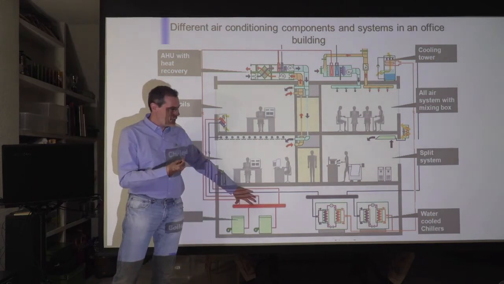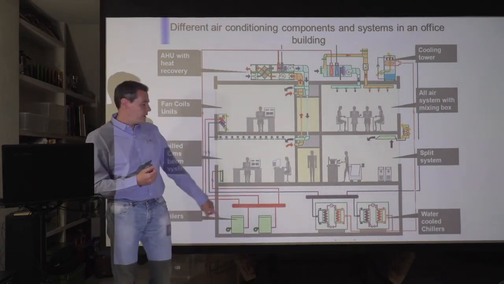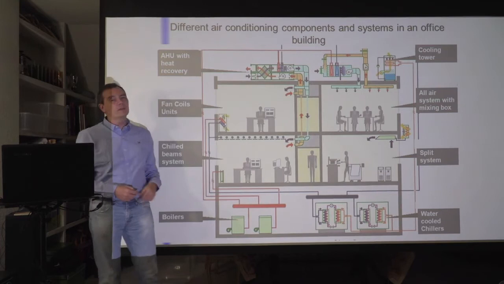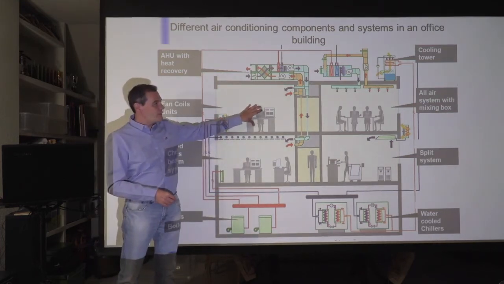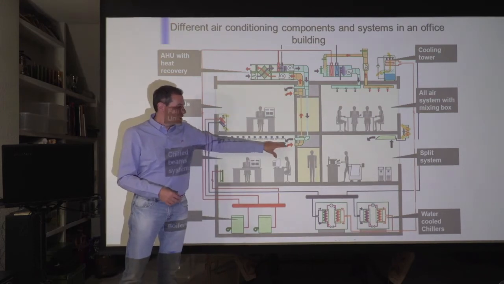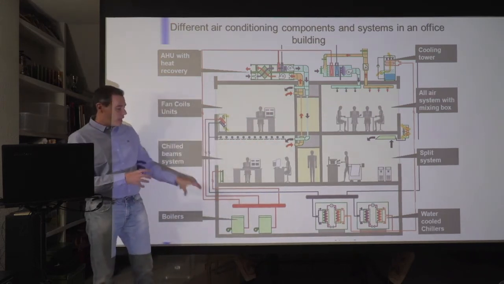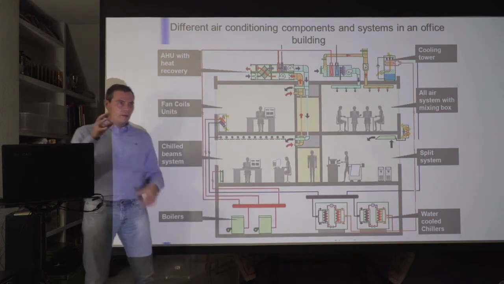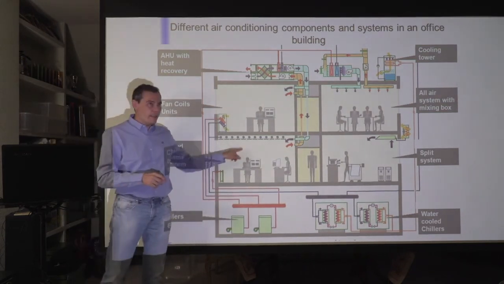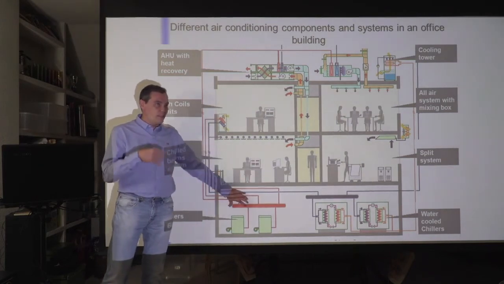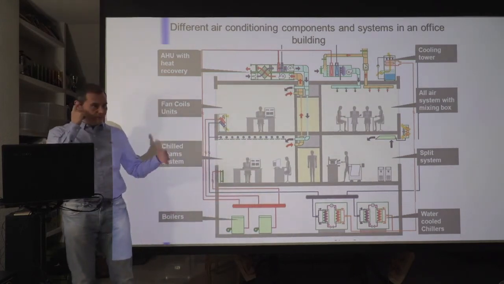So we generate the energy that we need for our building, either in the basement or on the roof. And then here in the office space or in the living space, we just have grills. We don't have those machines that are burning things and creating a lot of noise. No, here everything's clean, and we don't have the issues of the generating system. So we have to hide them.